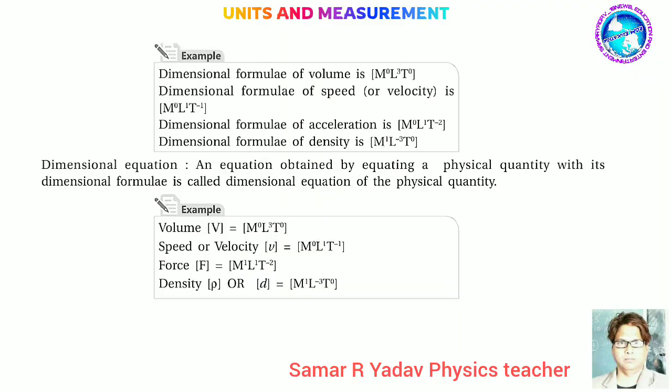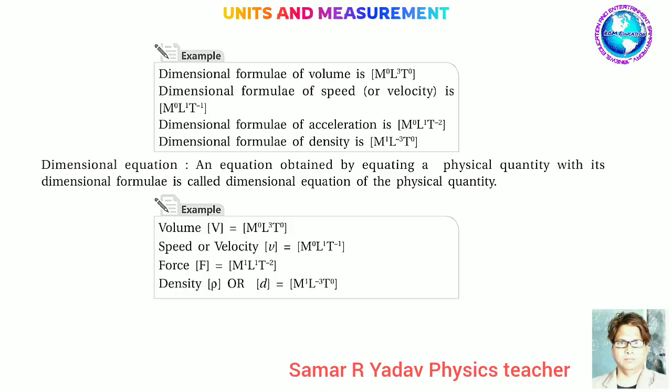Dimensional equation: an equation obtained by equating a physical quantity with its dimensional formula is called the dimensional equation of the physical quantity. For example, volume V is equal to [M0 L3 T0].